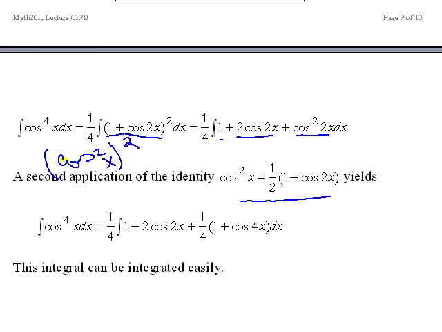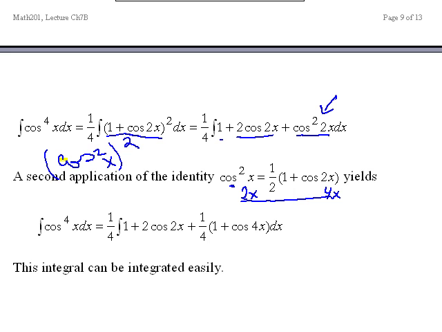Now I've got to do something about this. Here's cosine to an even power. I have to break this out using another application of this identity. So cosine squared x is 1/2 times 1 plus the cosine of 2x. In this case, the argument is 2x, so this becomes 4x.